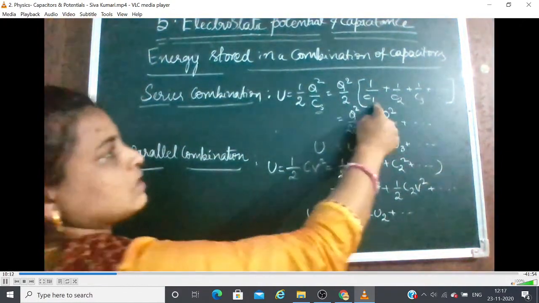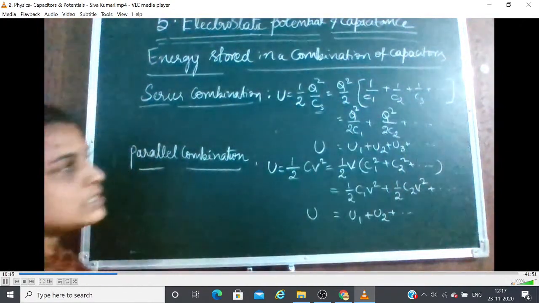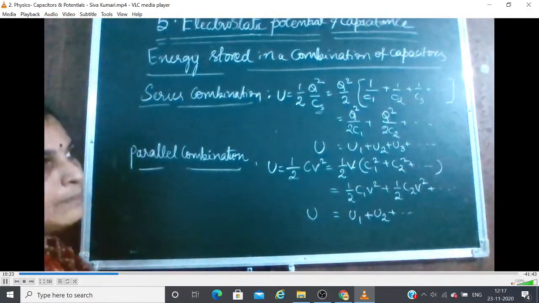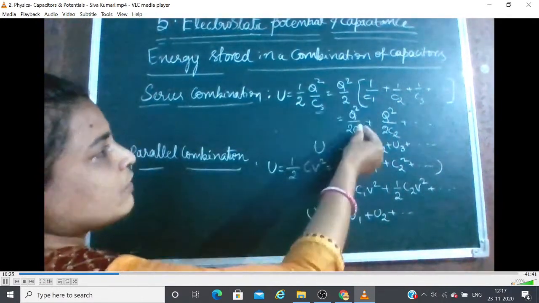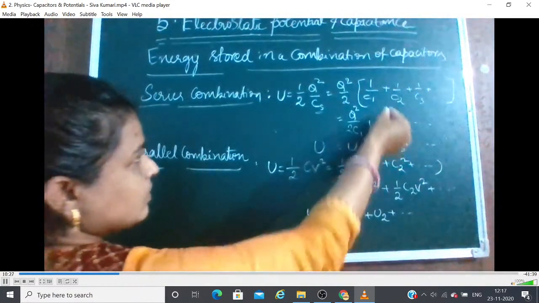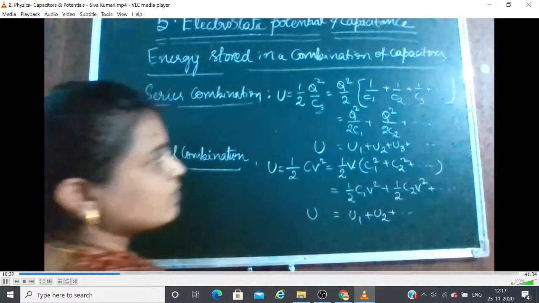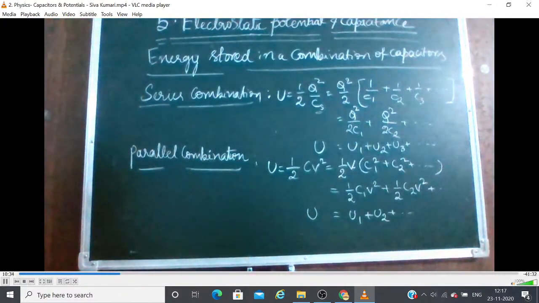In series combination the resultant capacitance is 1 by C1 plus 1 by C2 plus 1 by C3. So we have Q square by 2 into 1 by C1 plus 1 by C2 plus 1 by C3 and so on for the capacitors which are combined.